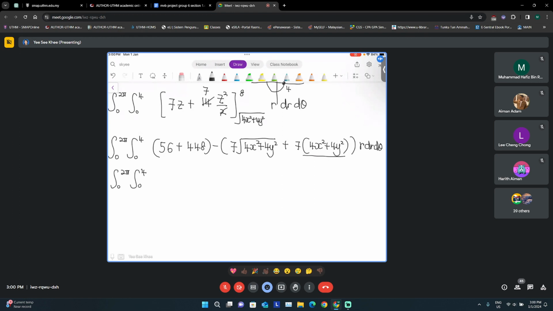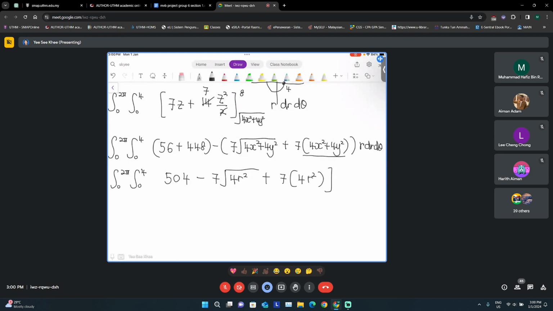So this one can become 504 minus 7 square root 4r squared, right? Plus 7 4r squared.